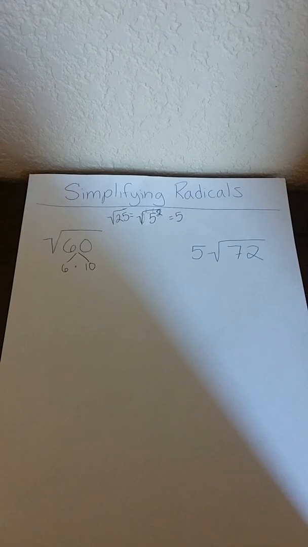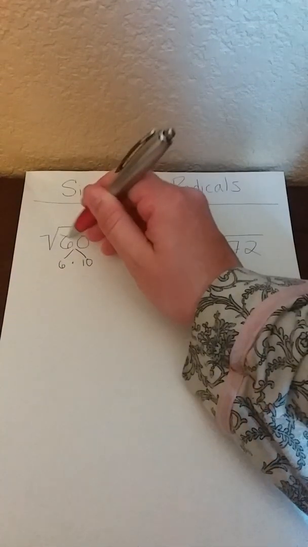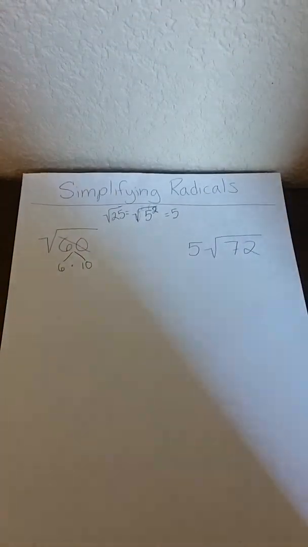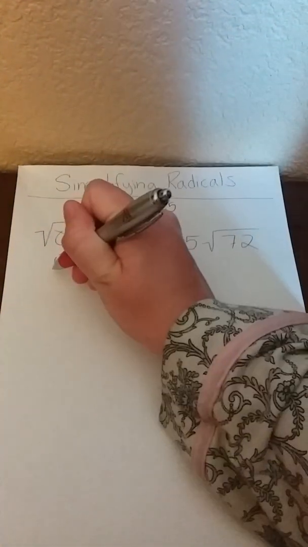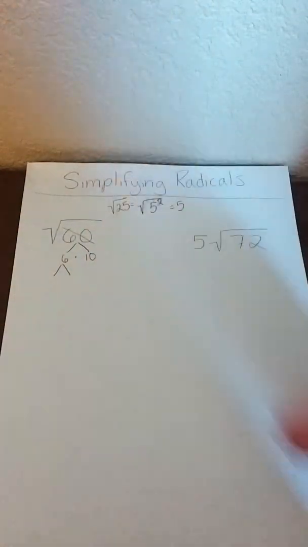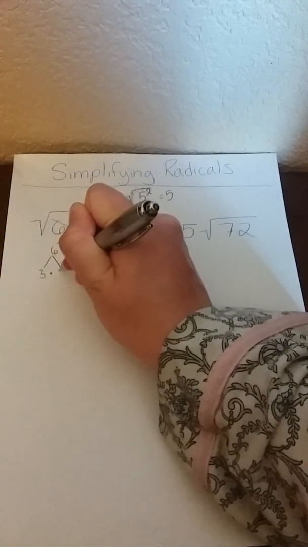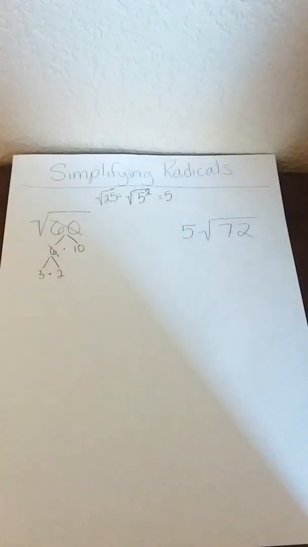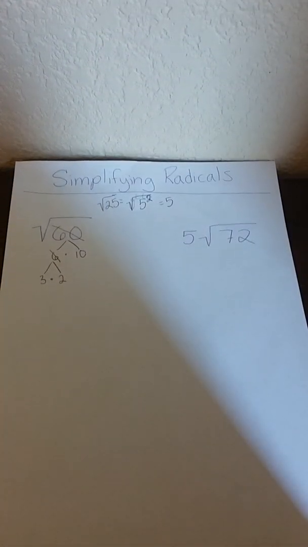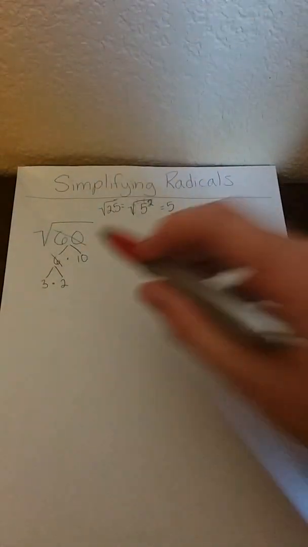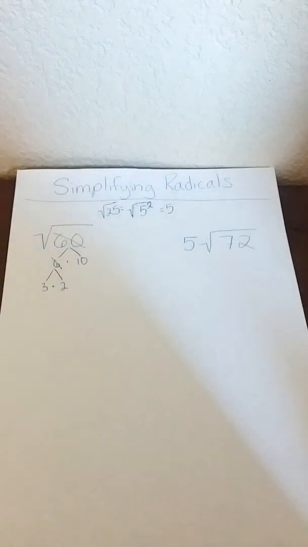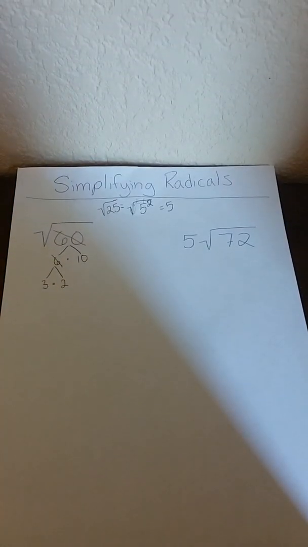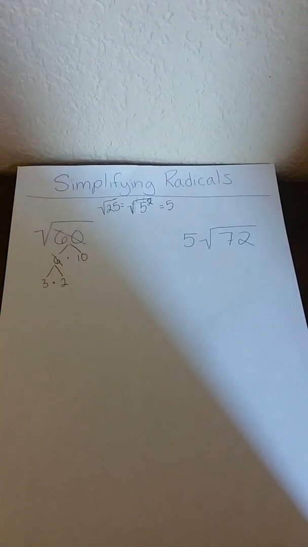I'm going to break those down now. I'm going to cross off 60 because I broke it down into 6 times 10. I'm going to keep going if I can break things down more. So 6 I can break down into another multiplication problem. 6 is 3 times 2. I'm going to cross 6 out because I broke it down, and now it is 3 times 2 instead. 3, the only multiplication problem that gives me 3 without using a decimal or a negative would be 3 times 1.